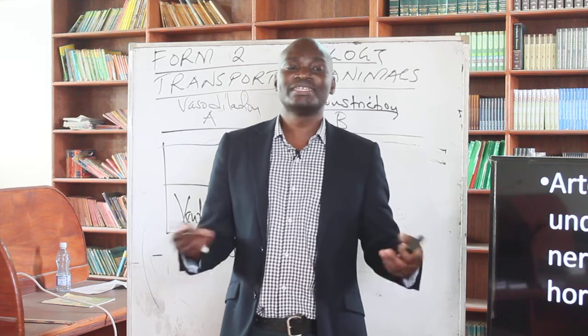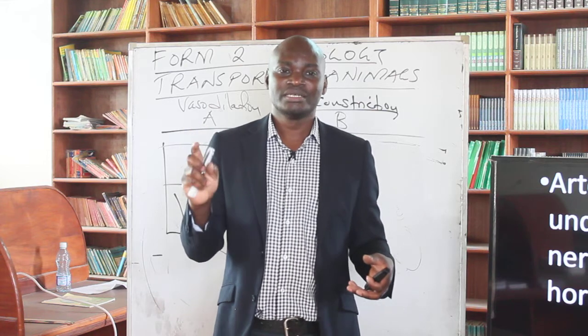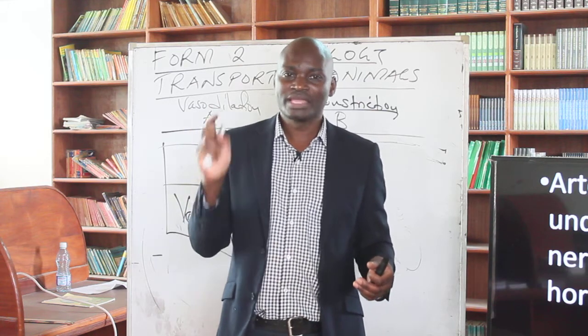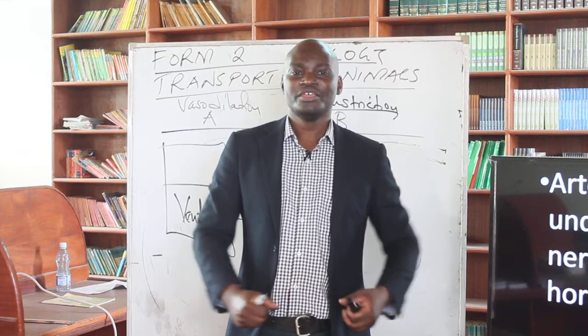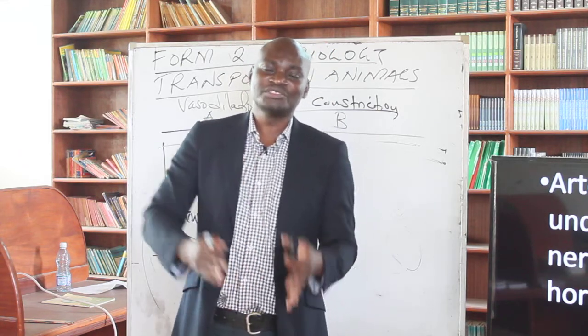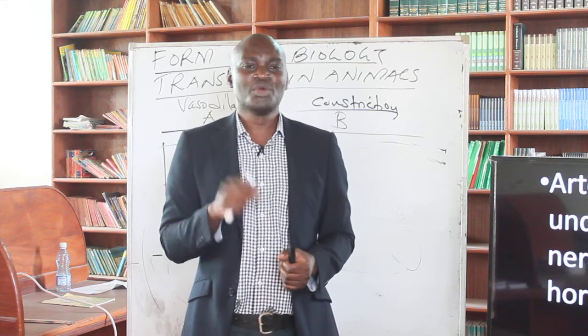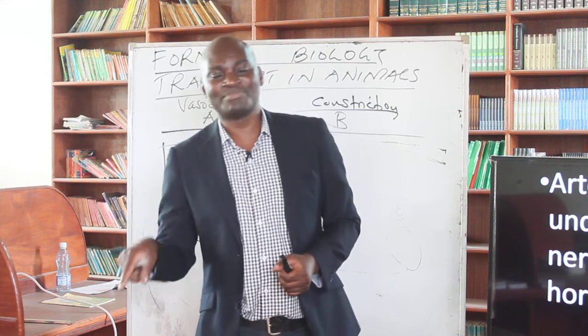That is why when you are in danger, you start to hear your heartbeat. You are annoyed, you want to fight, heartbeat increases. Why? The body requires a lot of oxygen for production of energy. And energy requires what? Oxygen. What transports that oxygen? The blood.